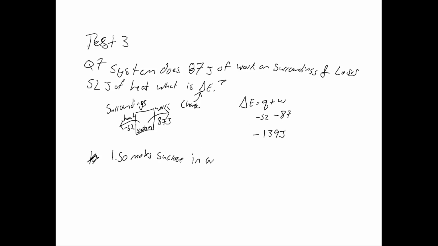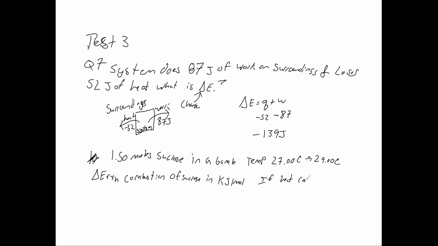So in a bomb, my temp was at 27 C, is now at 29 C. What is delta E reaction for the combustion of sucrose in kilojoules per mole if the heat capacity of the bomb is 4.50 kilojoules per Celsius?